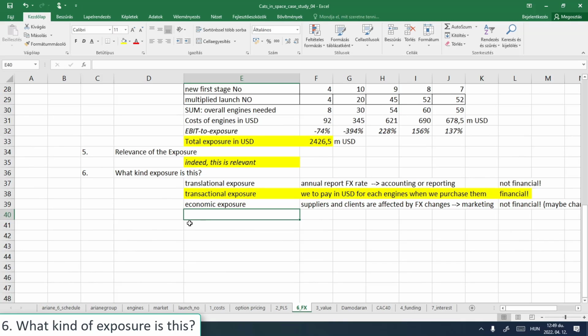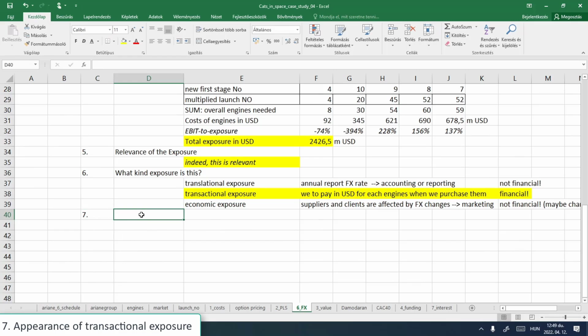So okay, and seventh point, how can we imagine? Okay, describe.